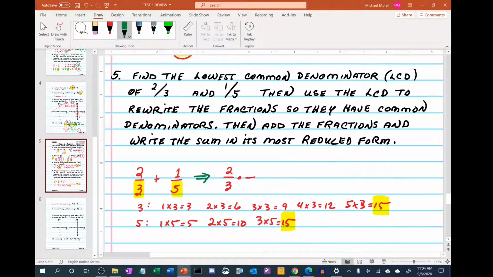I want to multiply 2/3 by a number that will make the denominator be 15. But I have to put the same number in the numerator and denominator. So I'm going to multiply by 5/5, because I'm only allowed to multiply a fraction by 1, and 5/5 reduces down to 1. Okay, so we'll do that.